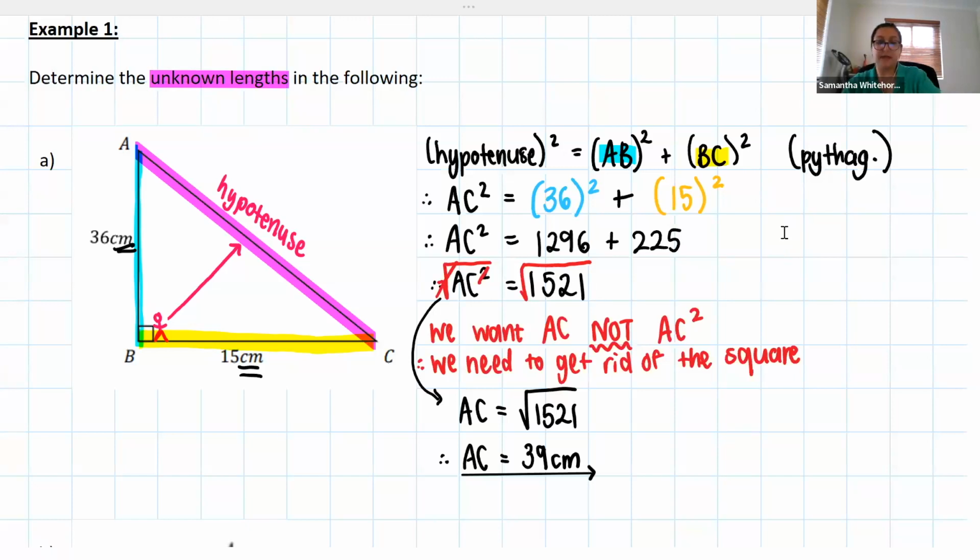Hi, ma'am. For this kind of question at school, you do it in another way. So we usually do the first part, which we say AB squared. And then after that, we put a square root and put like 36 squared plus 15 squared.